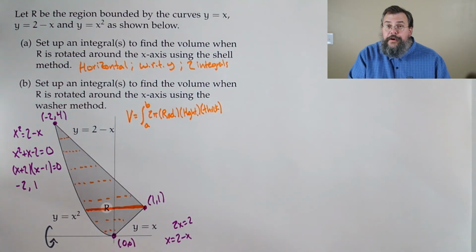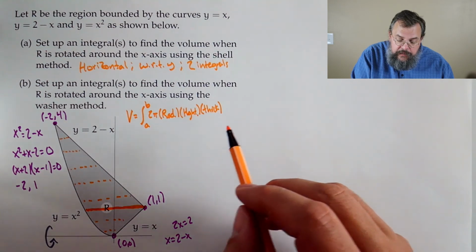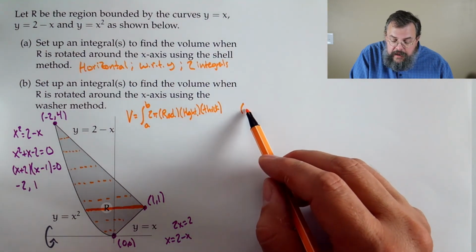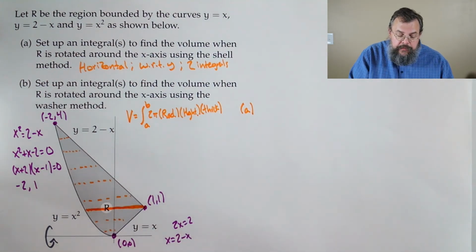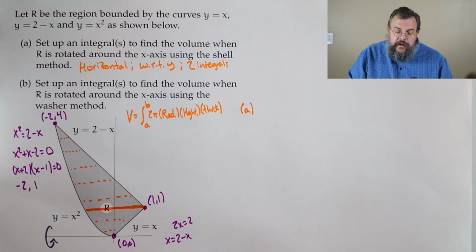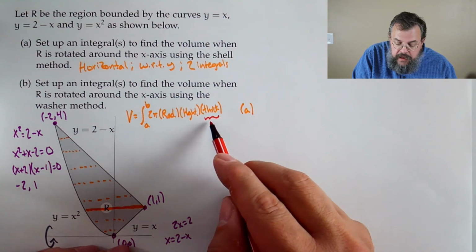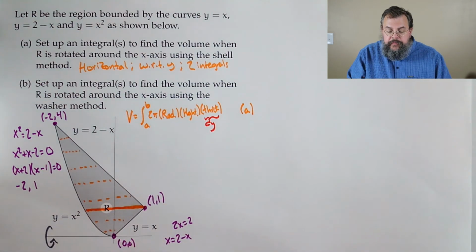So that's what we're going to do. Now, how does that translate for us? For part A, let's think about what we have. We have to think about our thickness. Because we're integrating with respect to y, that's going to be our dy. So that helps us a lot.